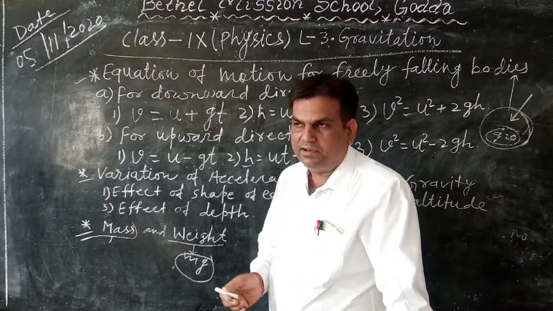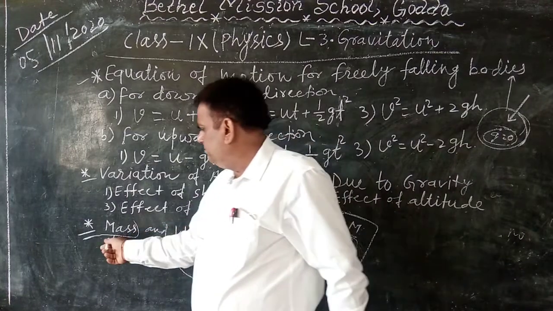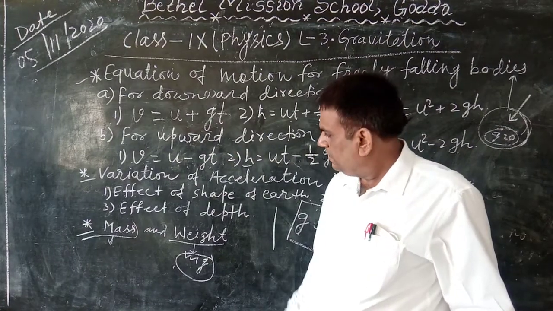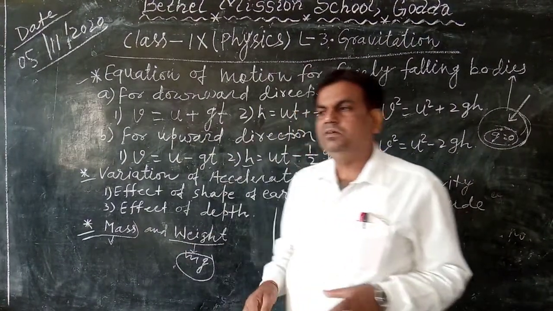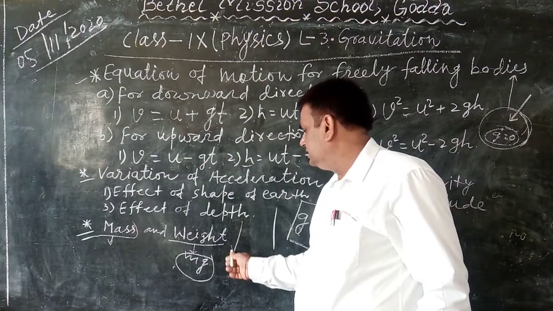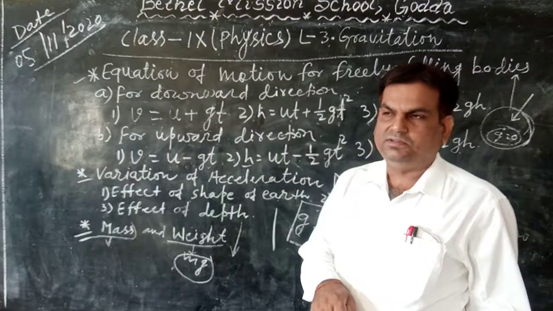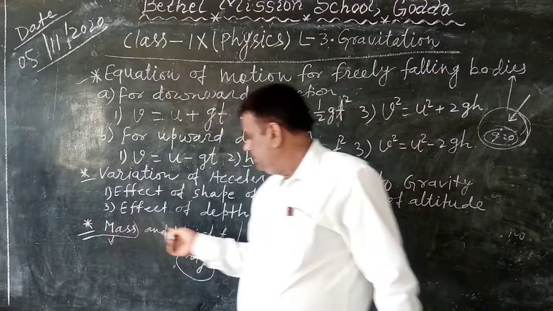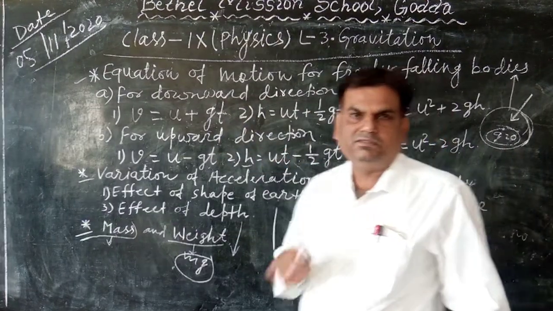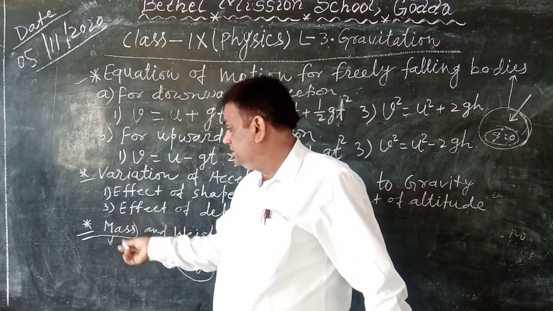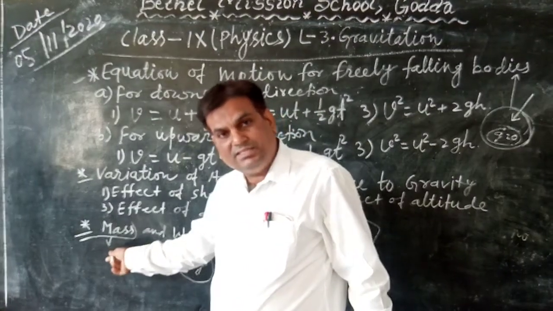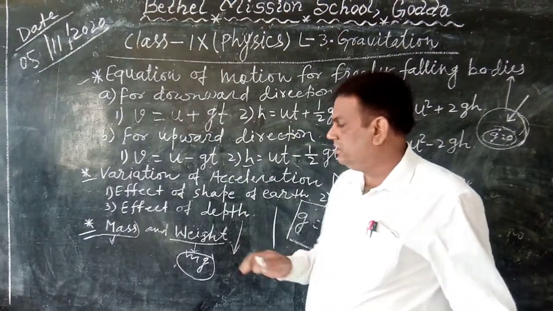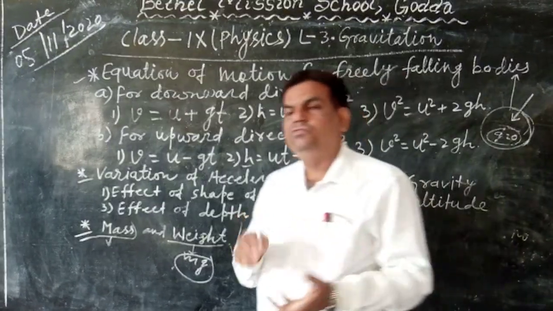Mass is constant, weight is variable. Also, mass is a scalar quantity, while weight is a vector quantity, because weight has direction, which is towards the ground. So mass is a scalar quantity and weight is a vector quantity. And another thing, the SI unit of mass is kg and the SI unit of weight is Newton, because weight is a kind of force.